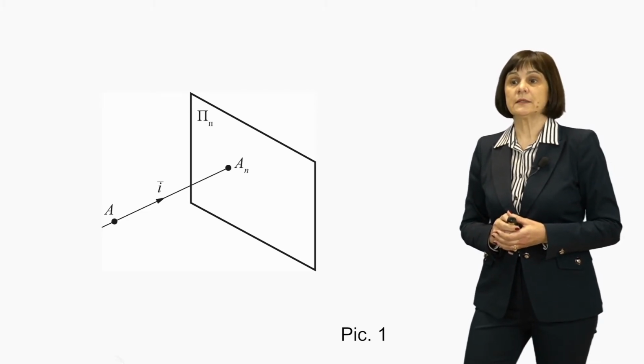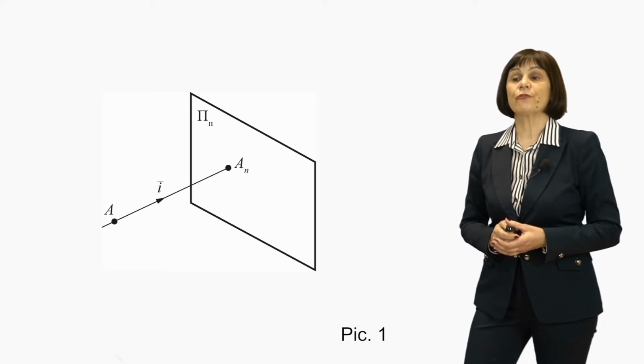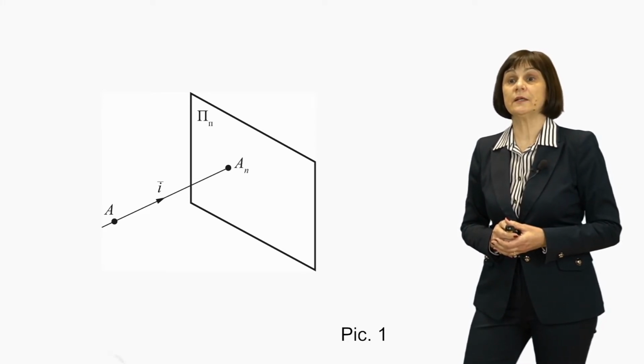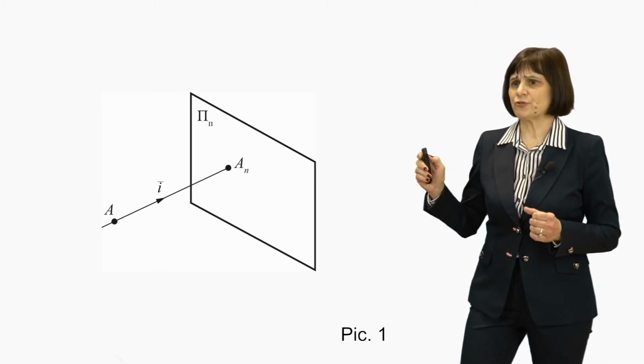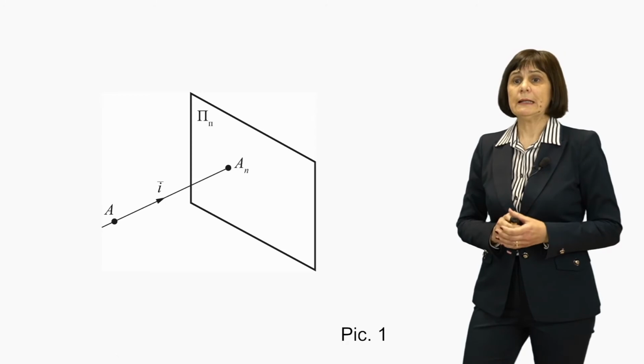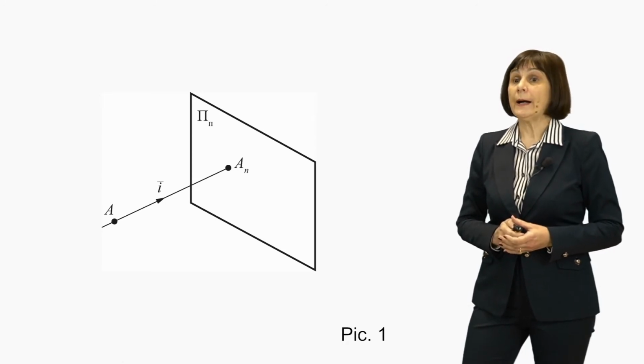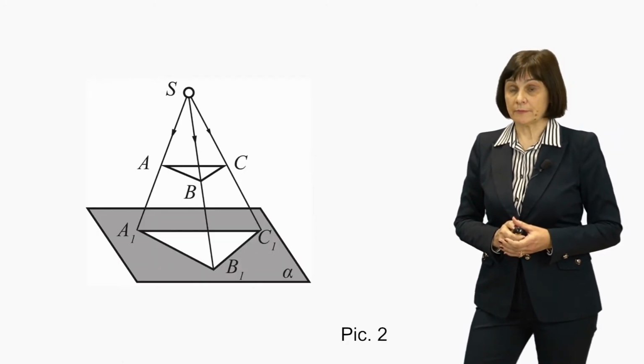In the second case, parallel projection, the source of rays is located at infinity. It is placed so far from the projection plane that we can say that our rays are parallel.